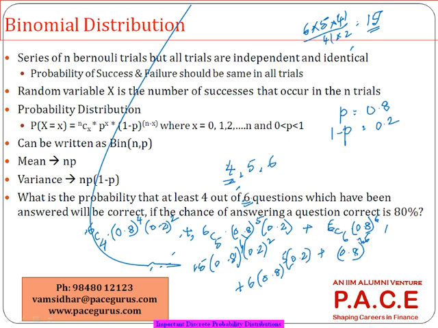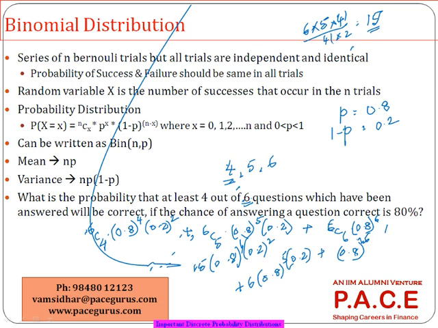The principle is that there are n independent and identical trials, out of which I want to track x successes. I can easily find out the probability of success as well as the probability of failure. So out of n trials, getting x successes, this is the probability.